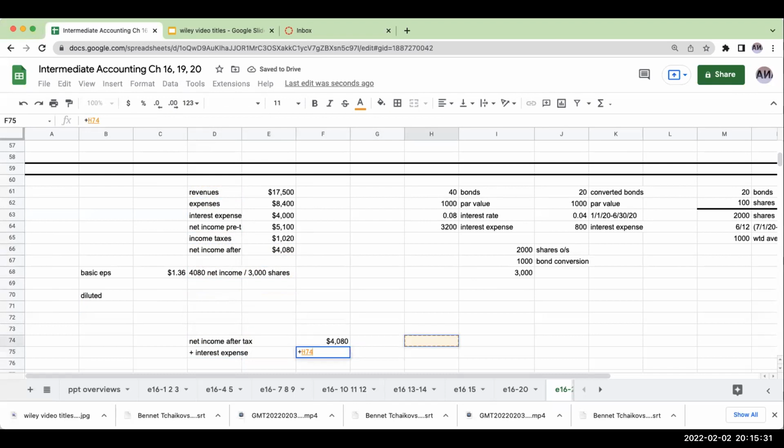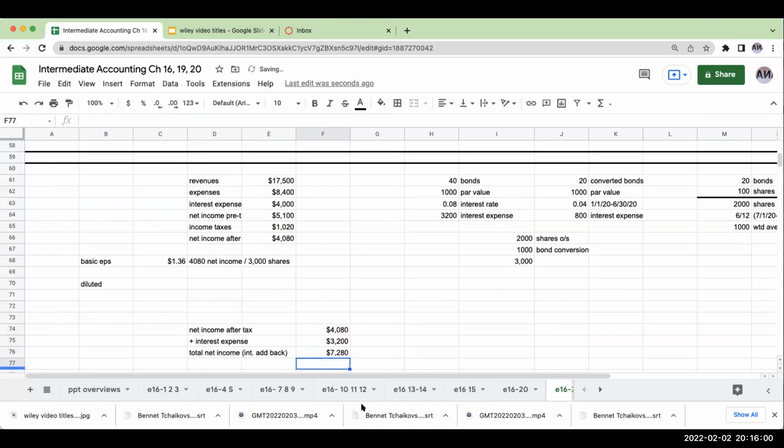So my interest expense is going to be 3,200, or this is going to be 4,000 times 0.8. So my total net income with the interest add back for purposes of fully diluted earnings per share is going to be 7,280.